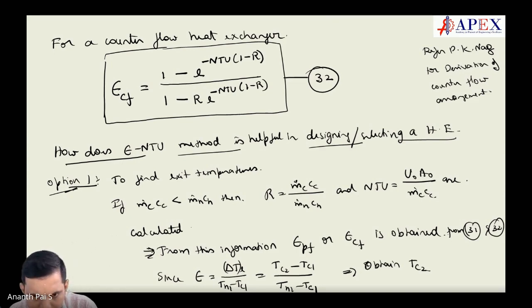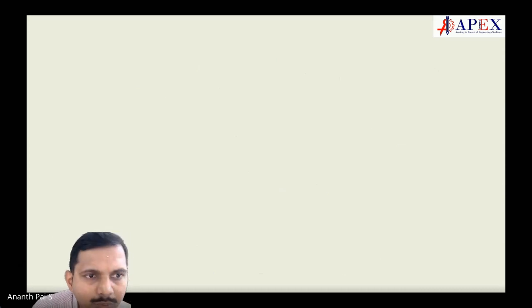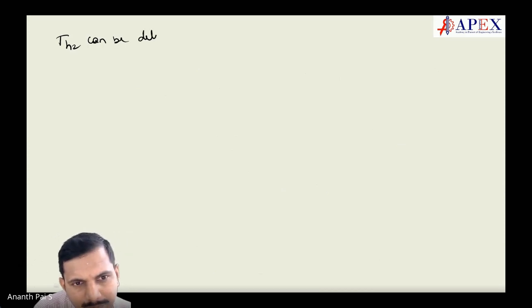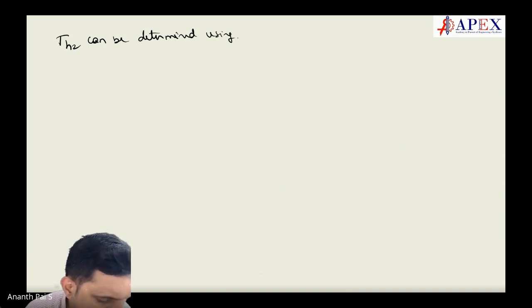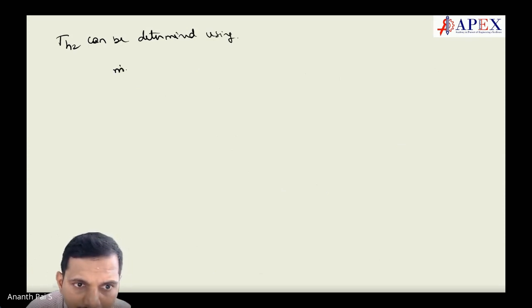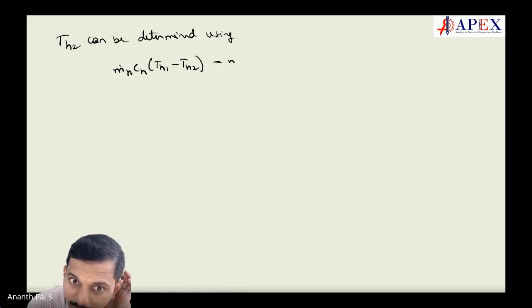Fine. So after Tc2 is known, we can always calculate Th2. Th2 can be determined using m dot h Ch into Th1 minus Th2 is equal to m dot c Cc into Tc2 minus Tc1.